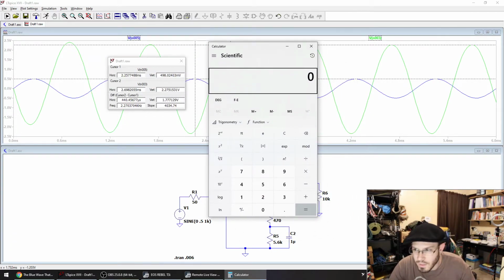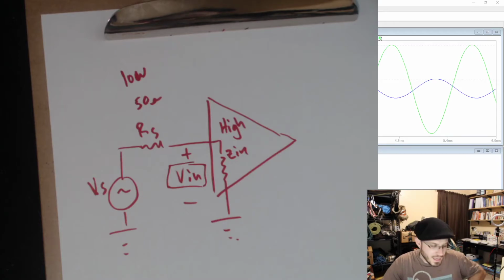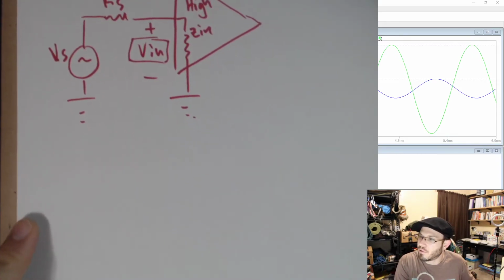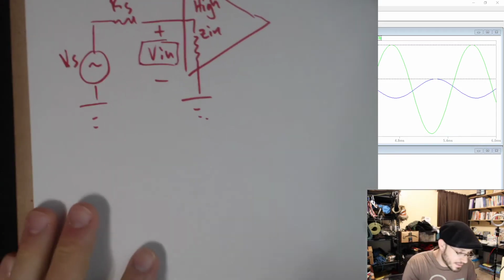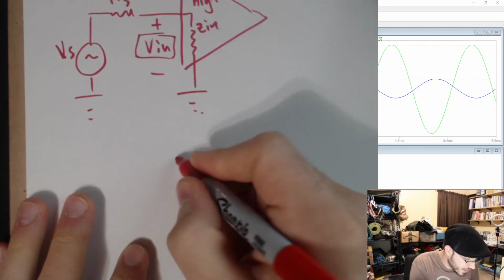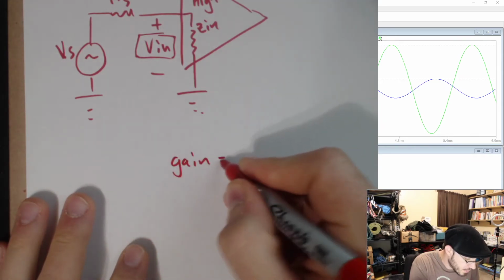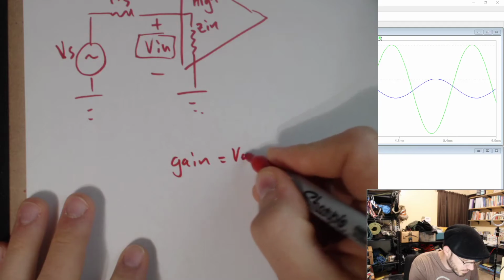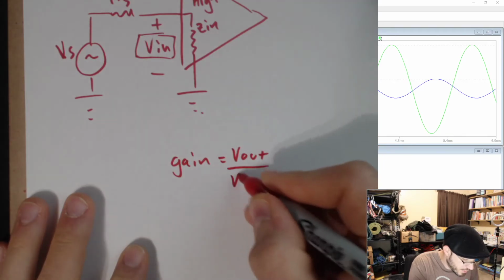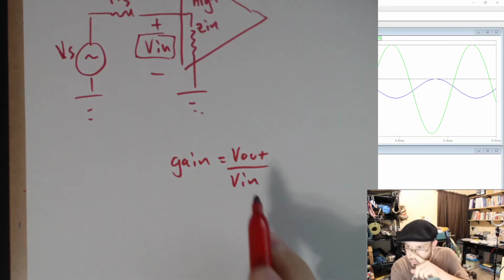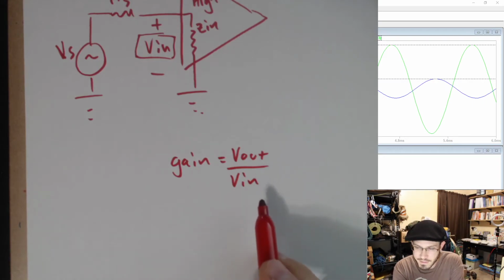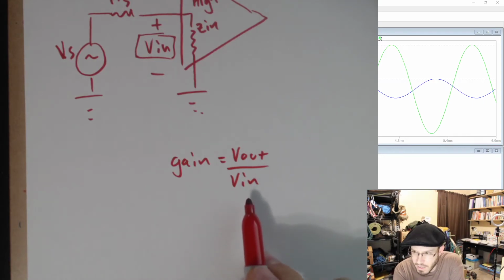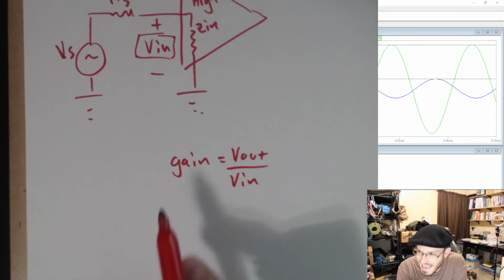Okay, so if we divide those numbers, we can find out the real gain of this amplifier. So gain, let me pull up my whiteboard. Gain of any amplifier, of any system, is always defined as V out divided by V in. We used this in our AC analysis of the amplifier when we wanted to derive the gain.